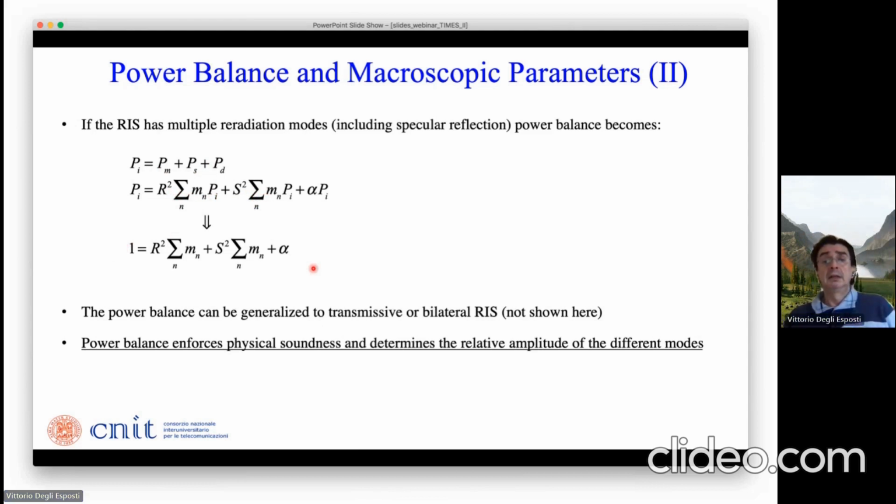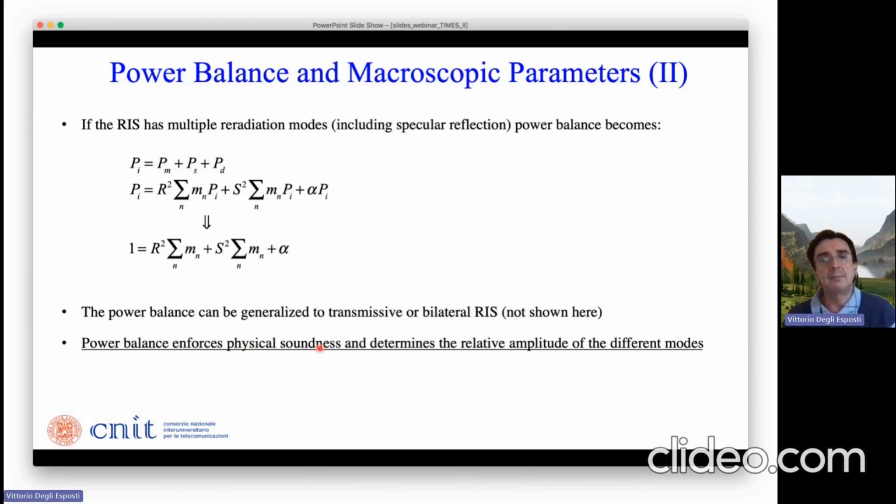So the power balance can also be generalized to transmissive or bilateral RIS, not considered here, and it enforces physical soundness and determines the relative amplitude of the different modes.